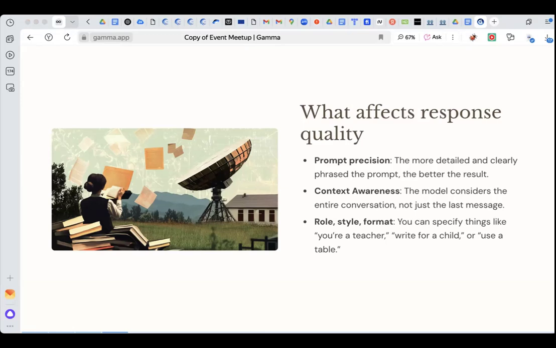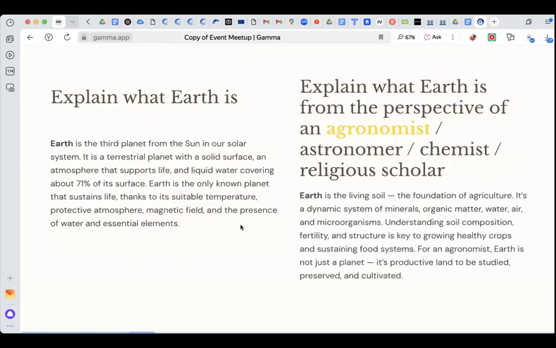Okay, so let's check the example. When we use simple prompts, like "explain what Earth is," it will give you a very general answer, like Earth is the third planet and some facts about it.